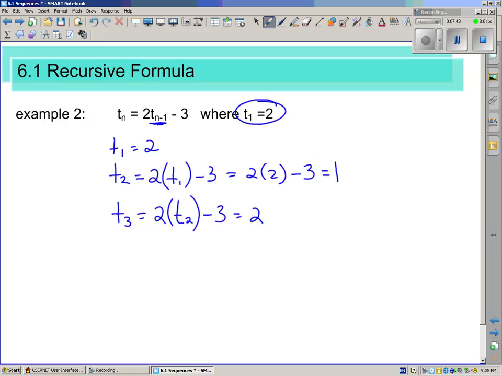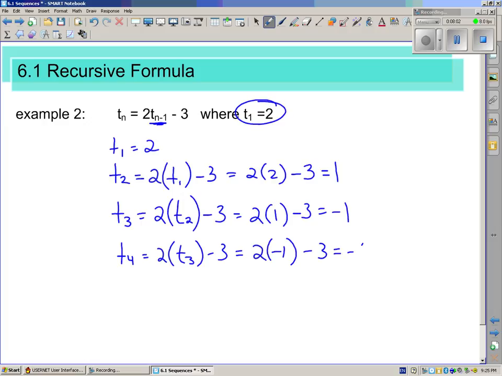So this is 2 times 1, subtract 3, which is negative 1. So term number 3 is negative 1. To find term 4, it's 2 times the previous, subtract 3. 2 times negative 1, that's the previous term, subtract 3, is negative 5, and so on. And that is what we mean by using a recursive formula.